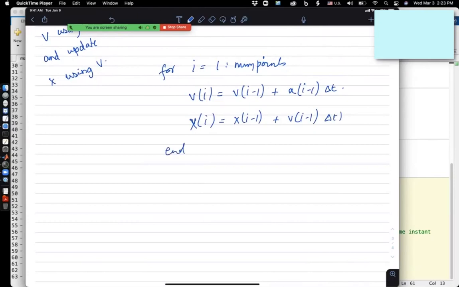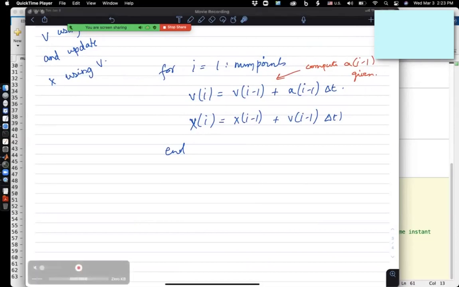And here we may need to compute A of i minus 1, okay? That's usually a given quantity. You put this in a loop, keep doing this, and you'll keep updating velocity as a function of time and position as a function of time. Okay. Any questions?